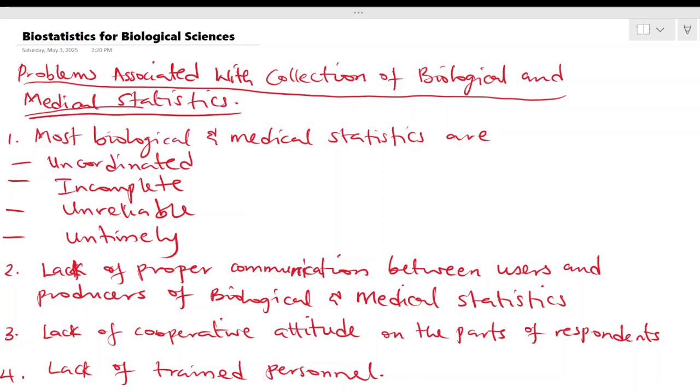So we've looked at the problems, and it is also very vital to find ways of tackling them and give solutions. So in the next slide, we'll be looking at ways of tackling the problems associated with the collection of biological and medical data.